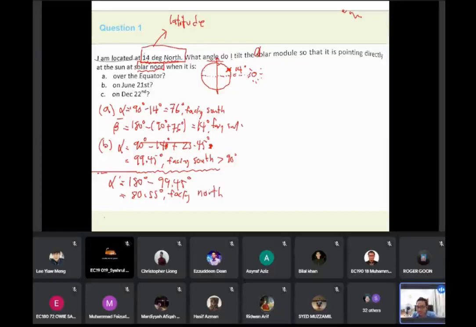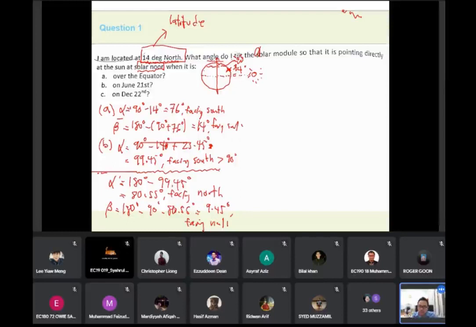Okay, and then after that we solve the problem of the angle: 180 minus 90 minus 80.55. Then we are going to get 9.45, facing to the north. Because the sunlight is upper than our location, we are facing up here.